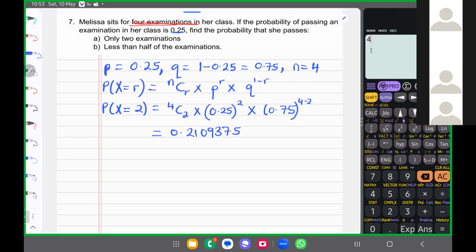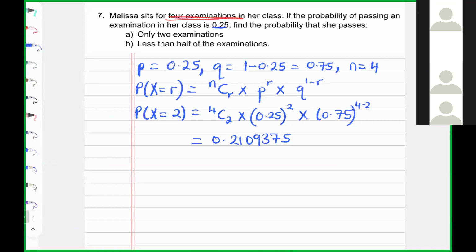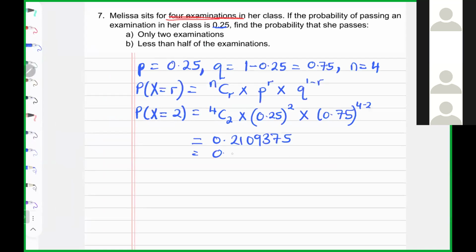Since we are calculating, you can first write all the decimal places and round off to the required number of decimal places, which is 0.21094.